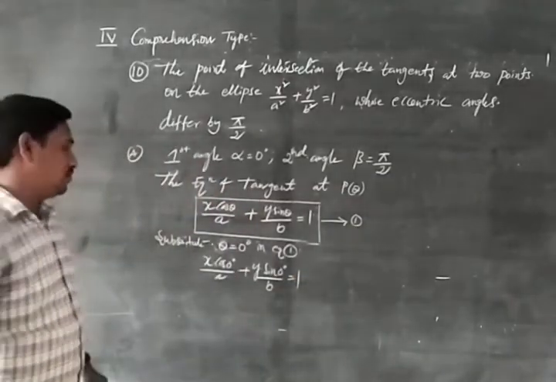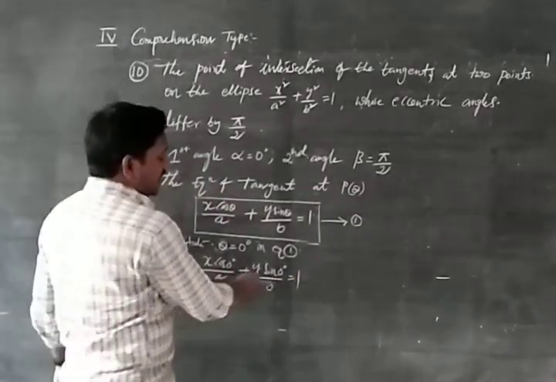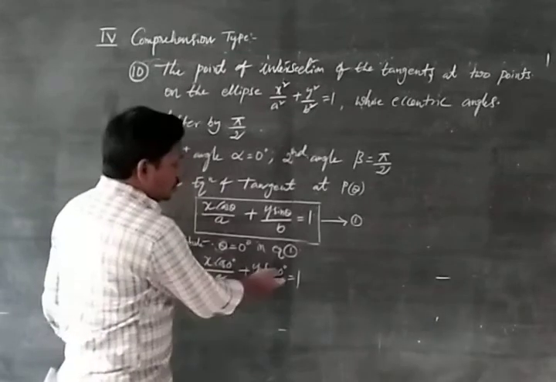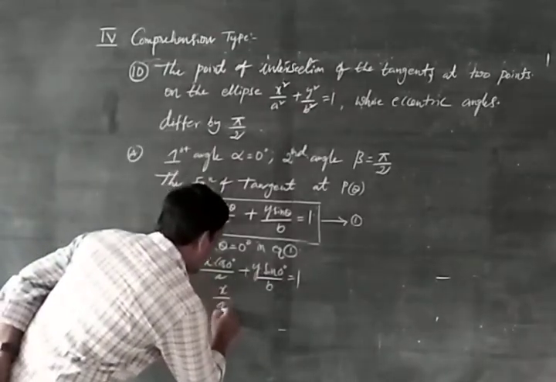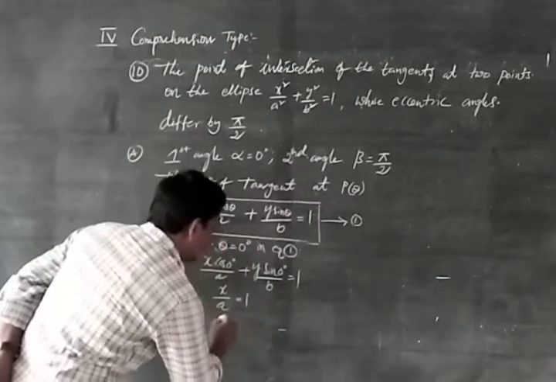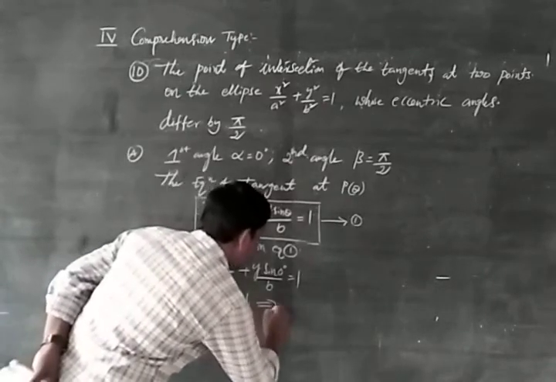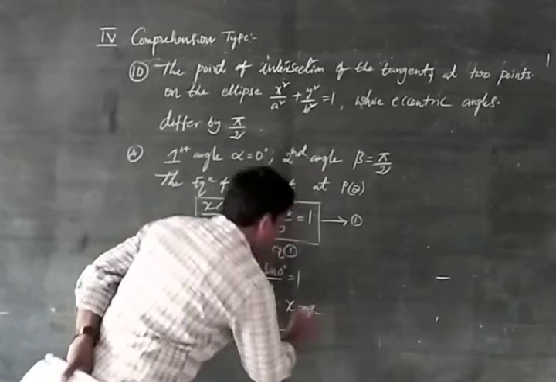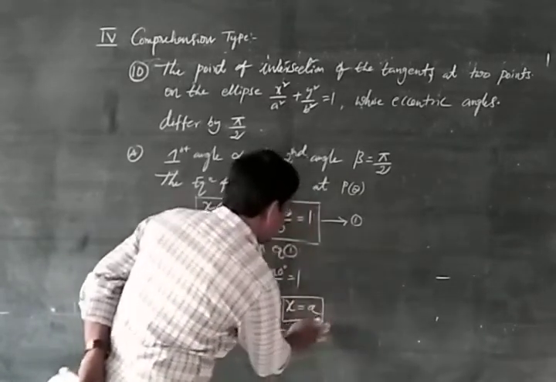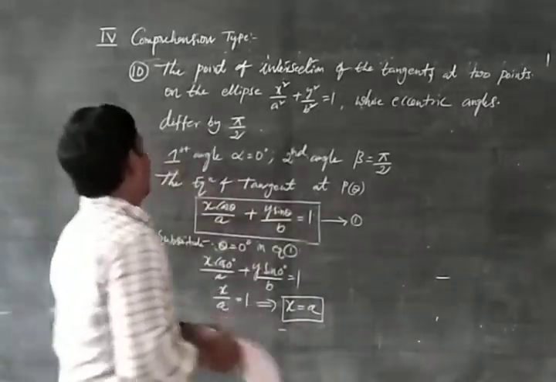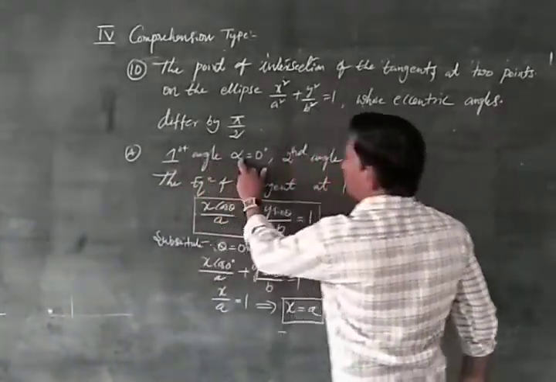Cos 0 is 1, sin 0 is 0, 0 into everything is 0. That means x by a equal to 1. Then x equal to a. Keep it in a box.